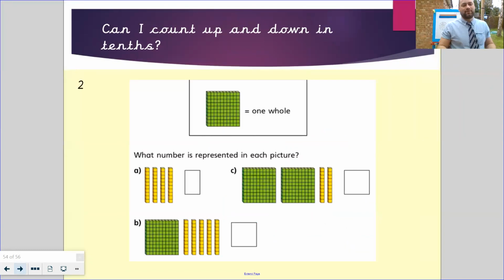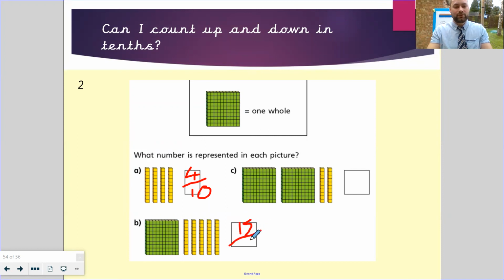For this one, you need to write the fractions in tenths. So for this one, we've got 4 tenths. We haven't got 1 whole yet. So we do 4 over 10. For part B, we've got 1 whole, and then we've got 1, 2, 3, 4, 5 over. Okay, so we've had 10. We now have to add on 5 to 10, which is 15.